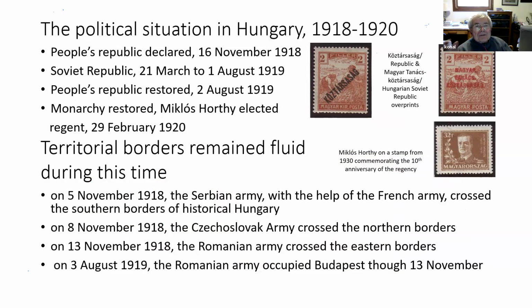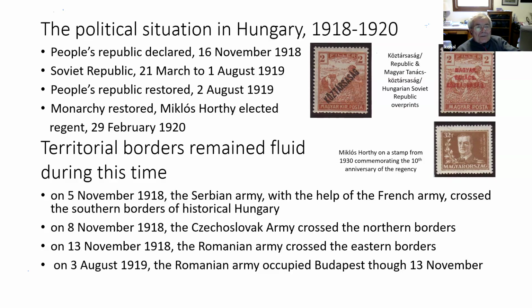And that republic government collapsed, and the Soviet Republic came into effect from 21st of March to 1st of August, when on the 2nd of August, the People's Republic was restored. And eventually the national government restored the monarchy in name only, and elected Miklos Horthy as a regent in February of 1920.